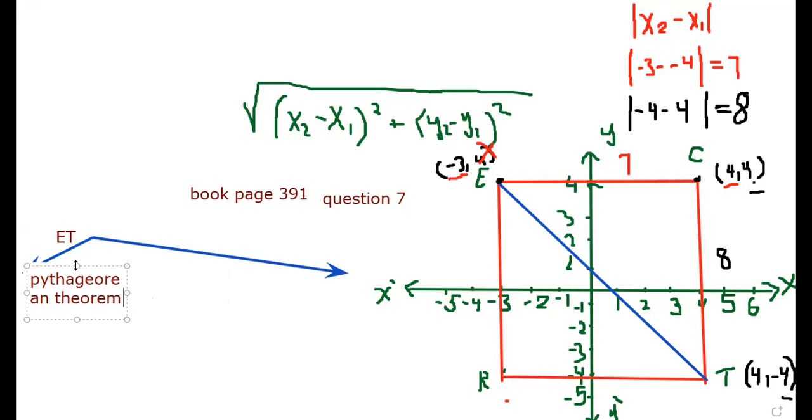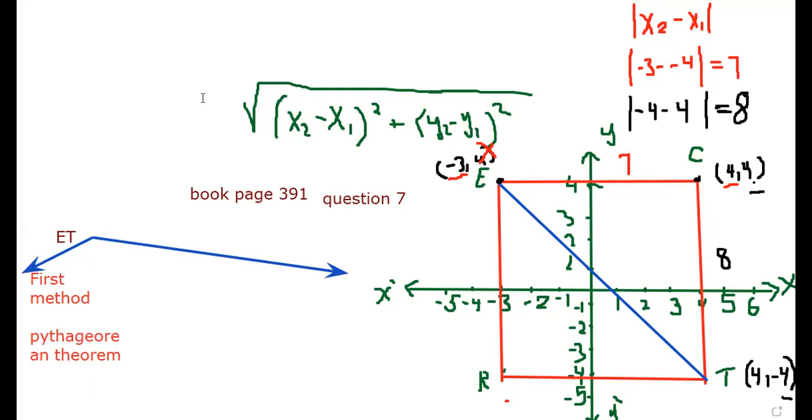So this is the first method, right? If anyone can calculate it and tell me the answer for the length of ET. 10.63. So this is the first method to find the length of ET.